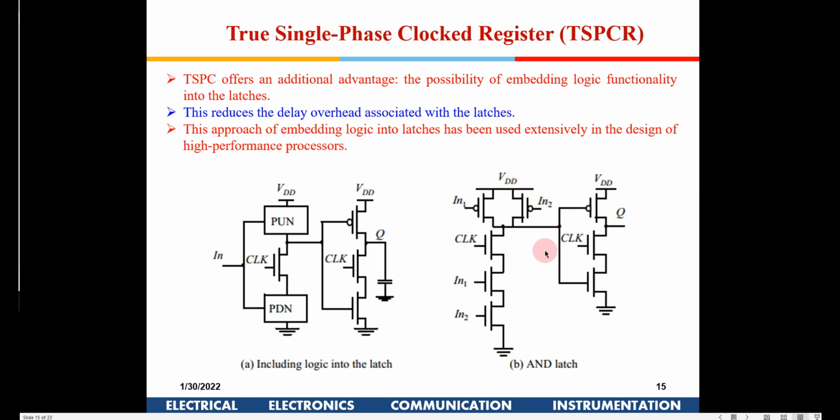So this will act like a NAND gate when the clock is high, and then you have one more inverter out here. So the output available here will be AND. This is a NAND followed by an inverter, so it will become an AND gate. So this entire thing will act like an AND latch now, right?